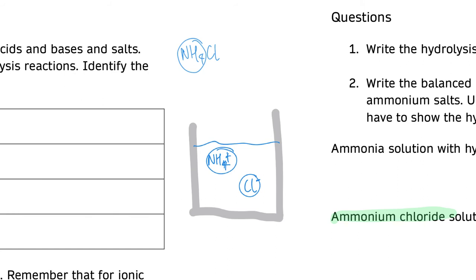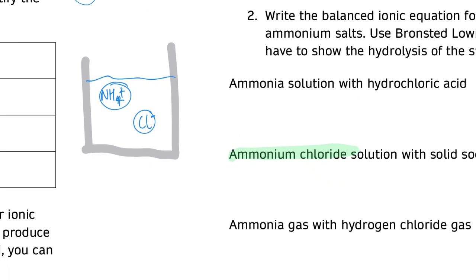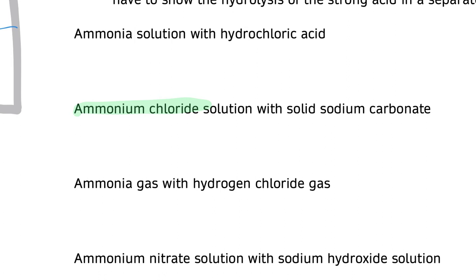So it's a bit tricky. Weak acids you don't split apart, but it's the weak acid component that doesn't get split apart in ammonium chloride. Therefore, you can split apart the ammonium chloride into its component parts and then just say the ammonium ion is the part that reacts. So let's do this ammonium chloride with solid sodium carbonate.